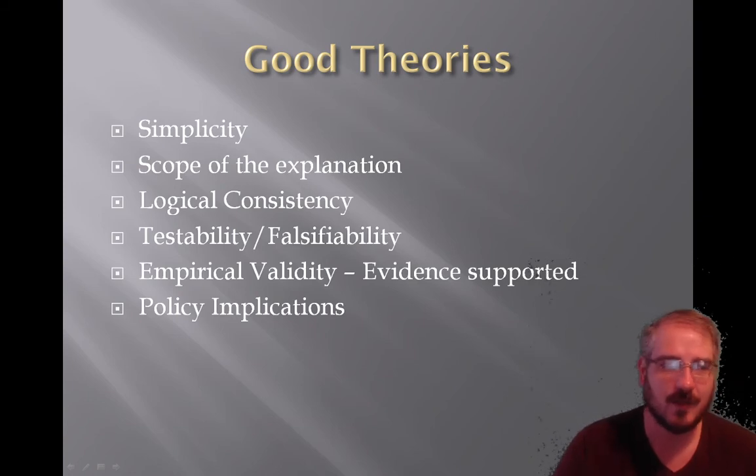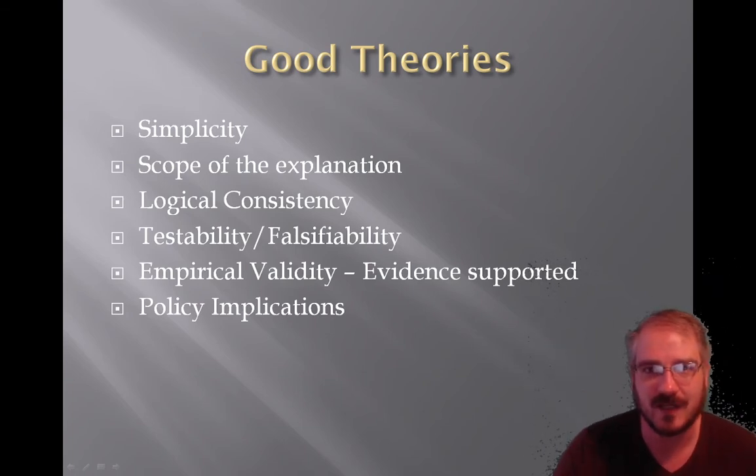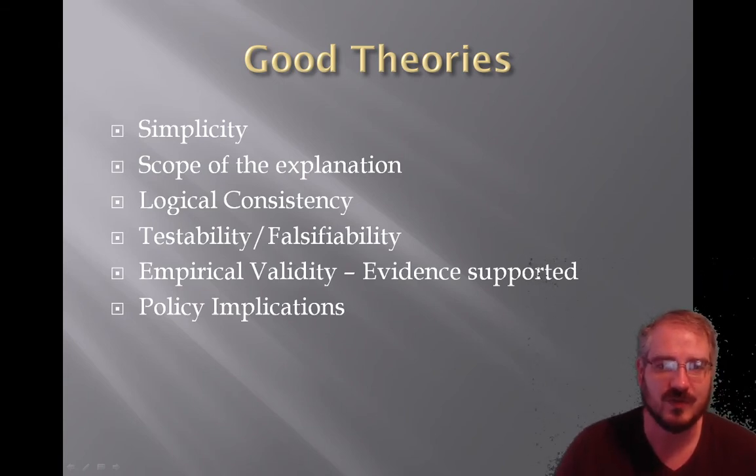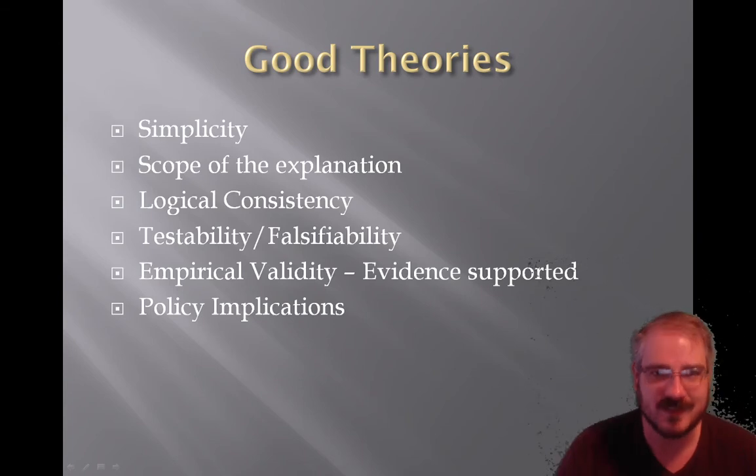Because if the policy implications are, we just need to kill everyone or enslave everyone in a 1984 style, that's not helpful. That's not good, right? So if it doesn't have possible, decent, moral policy implications, that's not a good theory, right?